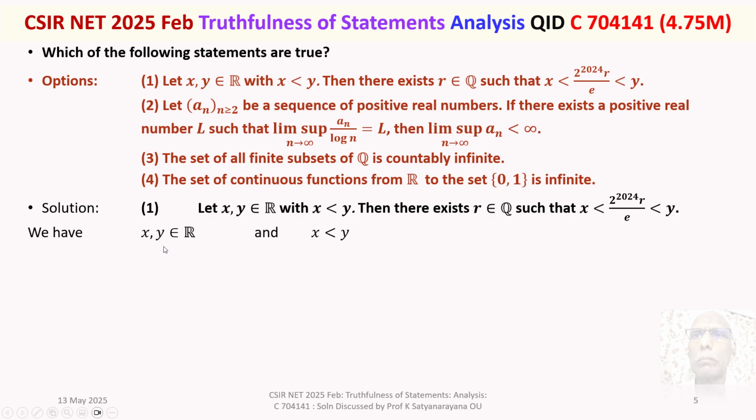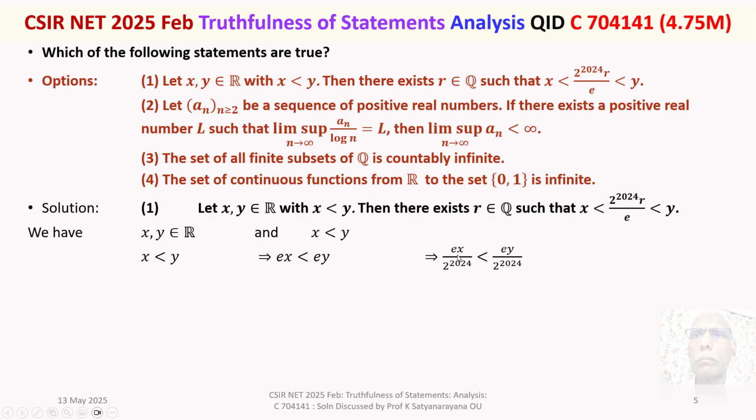We have x, y any two real numbers such that x less than y. Multiply both sides by e. e is a positive number, so ex is less than ey. The inequality is not disturbed because e is a positive real number. And multiply both sides by 1 by 2 power 2024.